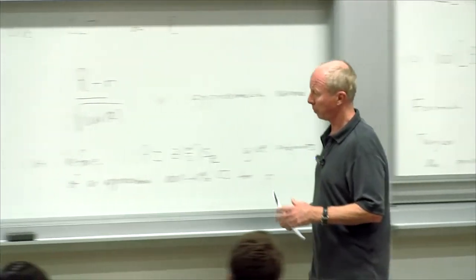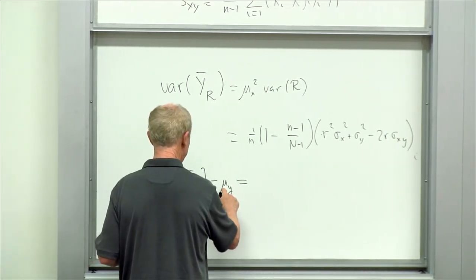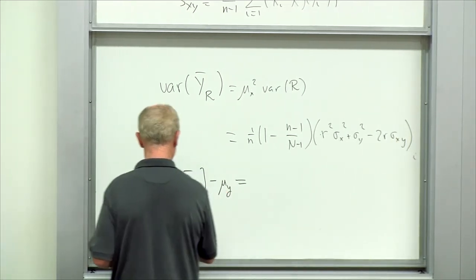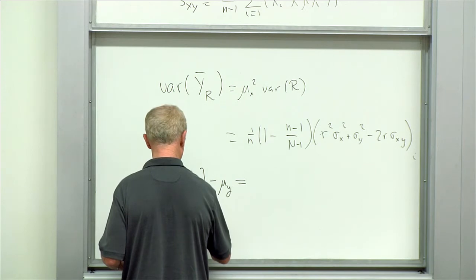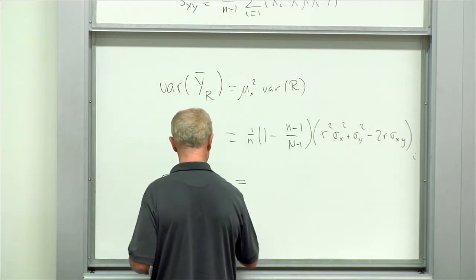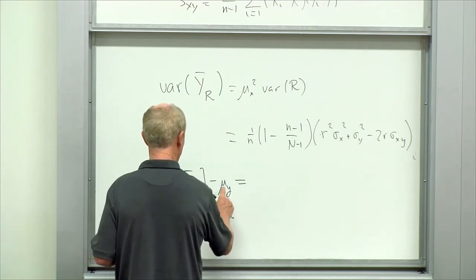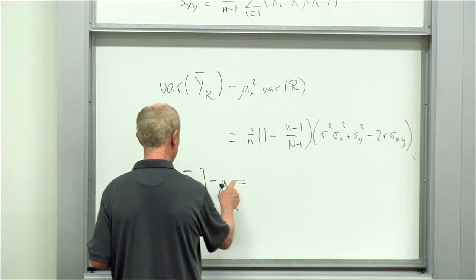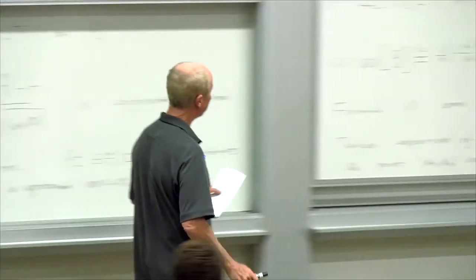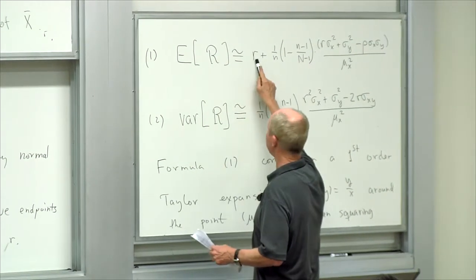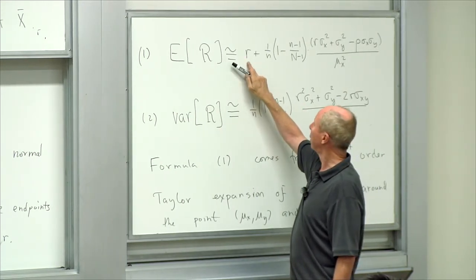If we multiplied through here by mu x, multiply this and this by mu x, what do you get when you multiply this by mu x? You get, right?